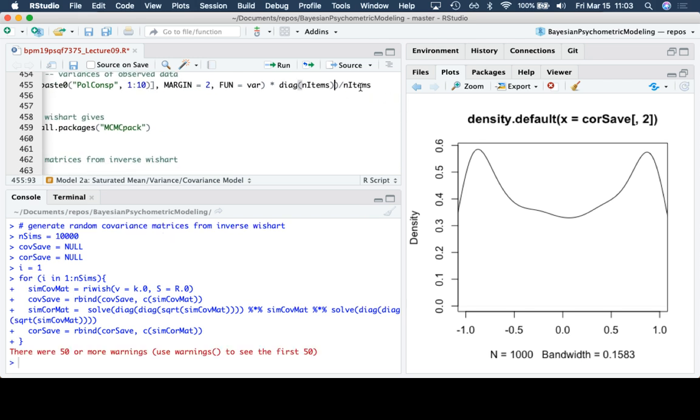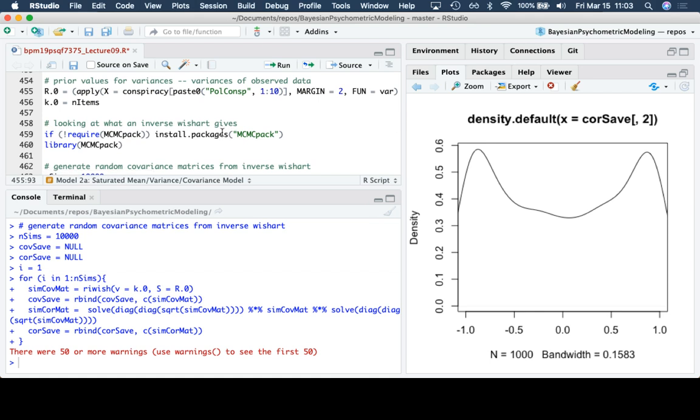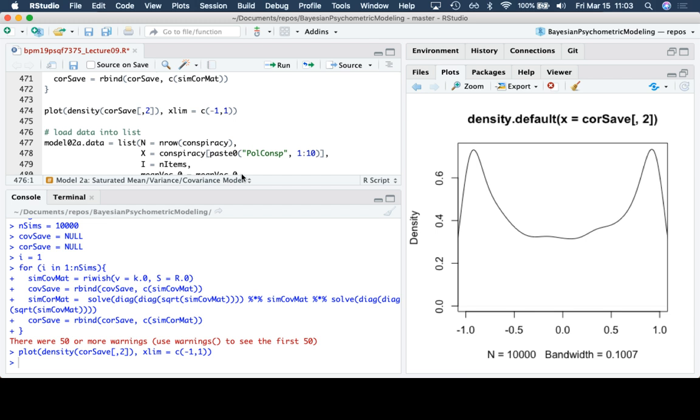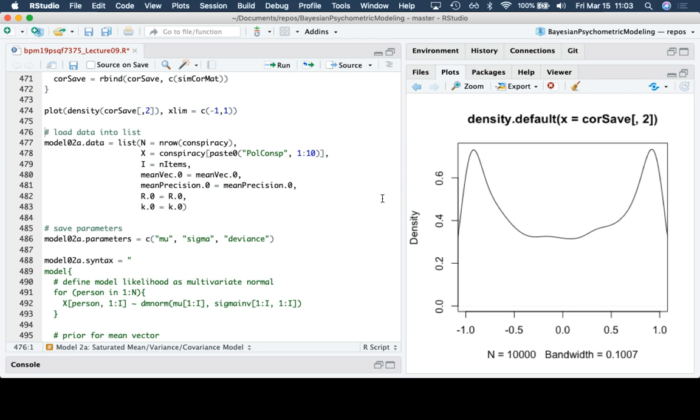So there we go. Now let's take a look at this. Yeah, so what this is doing is putting lots of prior weight on the off diagonal, at least in this small example. But let's just recognize this is a problem.